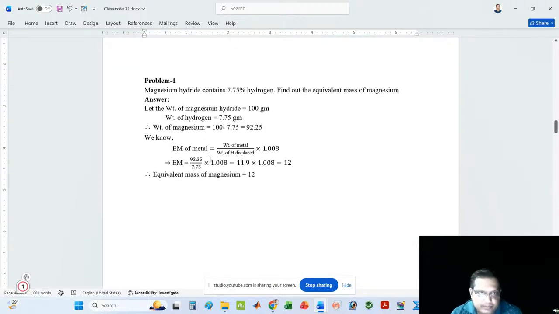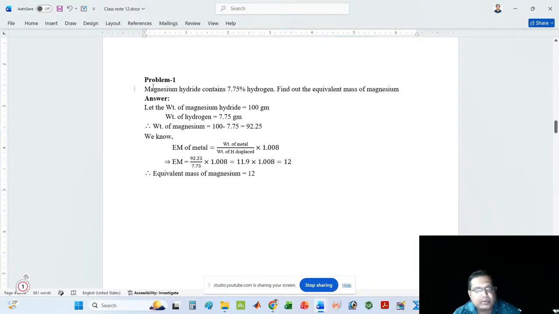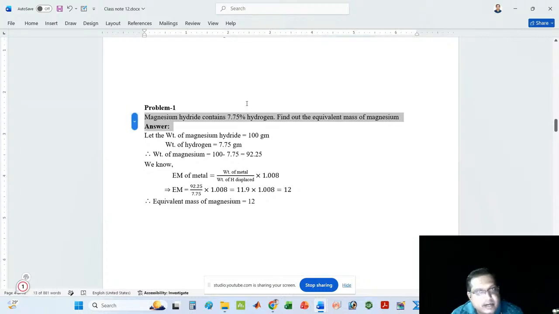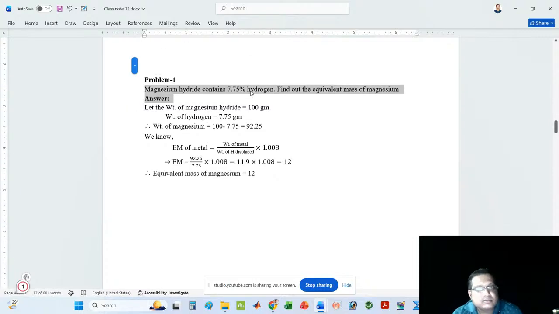Look at the problem. In problem number 1, magnesium hydride contains 7.75% hydrogen. Find out the equivalent mass of magnesium. Like the chloride and oxide methods, here also in this problem the percentage of hydrogen is given. In magnesium hydride, what amount of hydrogen is present? 7.75%.